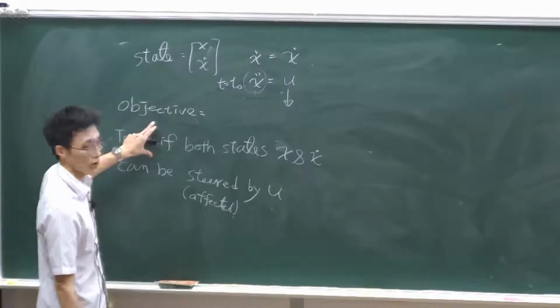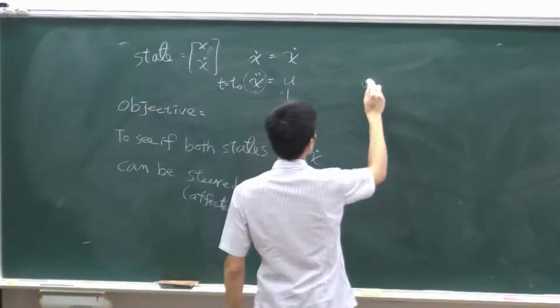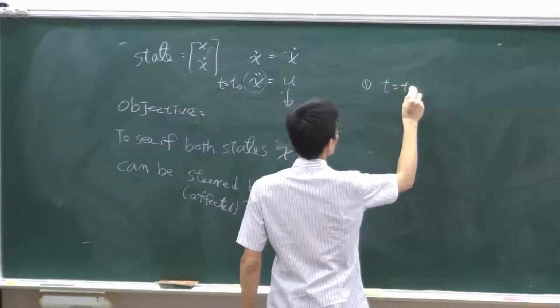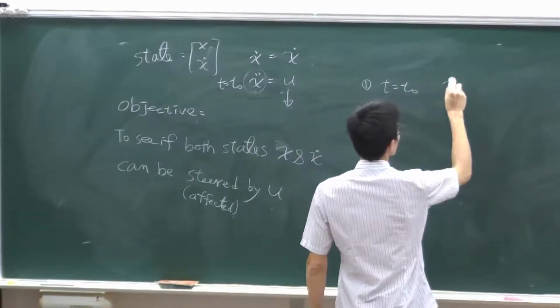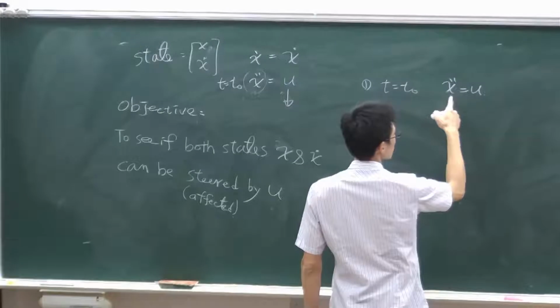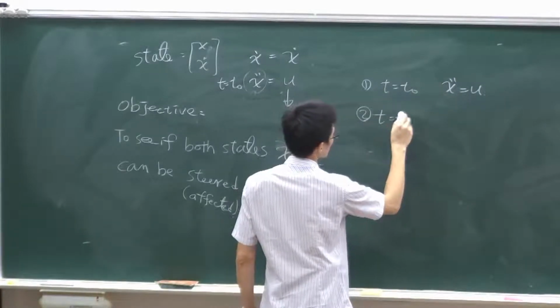Here's our objective. At t equal to 0, for any time, your input can control the acceleration. But how about the next time, t equal to t1?